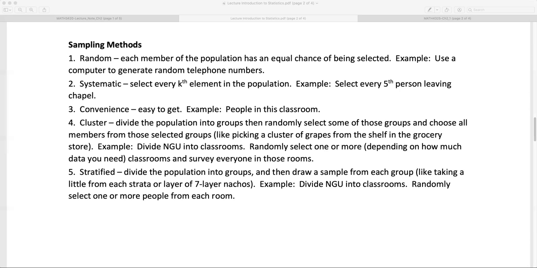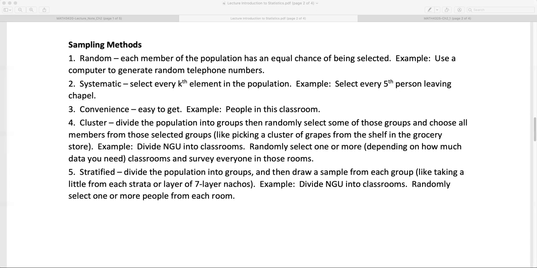Think about this school: divide it into classrooms, maybe there are 50 or 60 classrooms. We divide the students in our school by classroom, so it's kind of grouping. Then we select one or more classrooms randomly, and then we survey every single student in those classrooms.